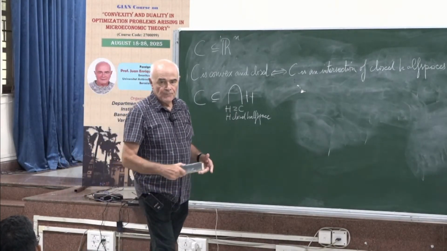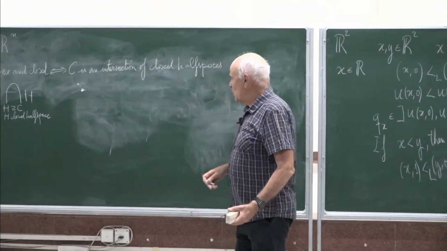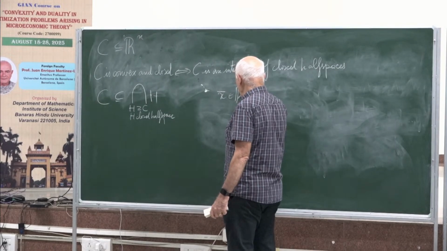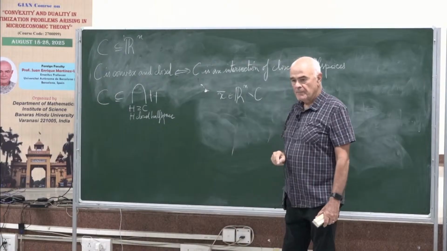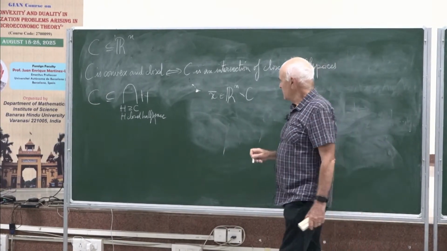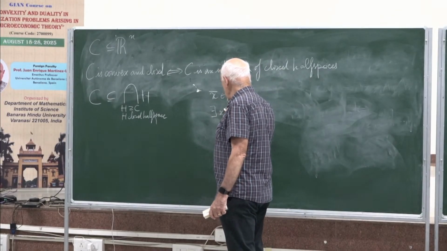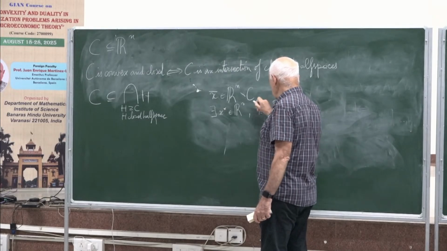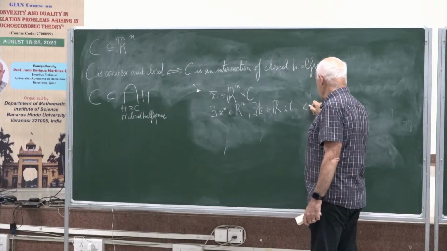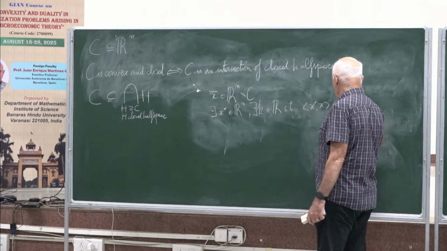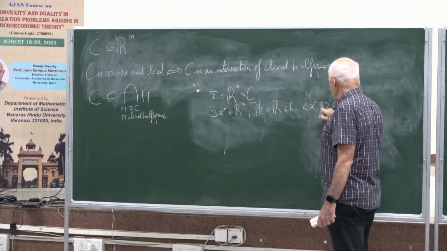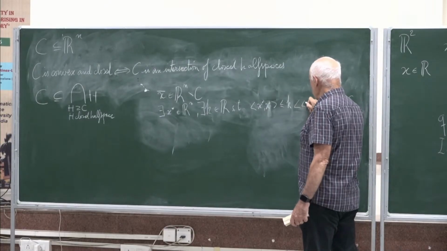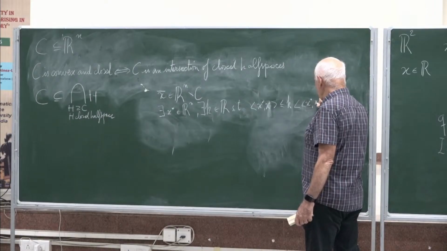But we have equality, because suppose we have one point x bar in the space which is not in C, then we can separate it from C. This means there exists x star in Rn and k in R such that x star x is less than or equal to k for every x in the set, but this is strictly less than x star x bar.